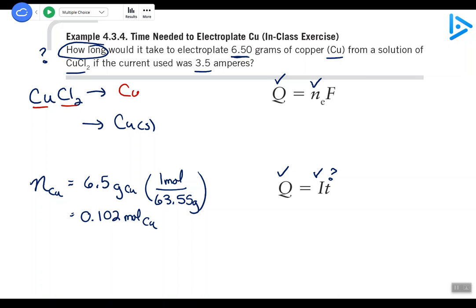I'm going to get a copper ion with some charge and a chloride ion with some charge. When chlorine becomes an ion, almost always, it becomes a -1 oxidation state, or a -1 charge.